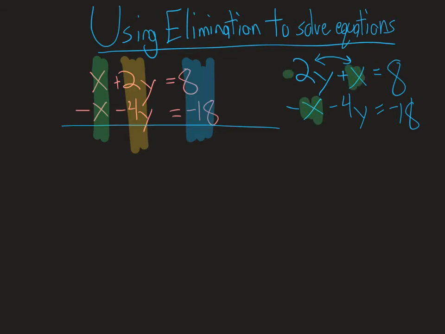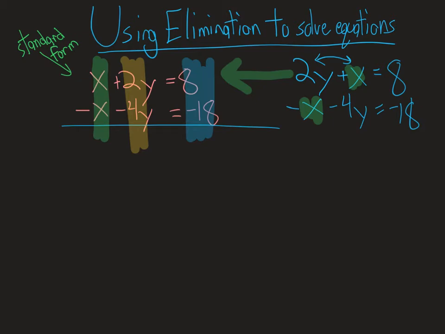You would need to rewrite the top equation so that they are lined up, and now we can apply this idea and go straight down the columns, x's, y's, constants, and notice these equations are written in standard form, with x and y on the same side. This idea works whatever form they're written, but most of the time you'll see standard form. It's kind of the easiest way to think about it, so just default to that. You can go x, y equals the constant, and that'll just make it easy for you.